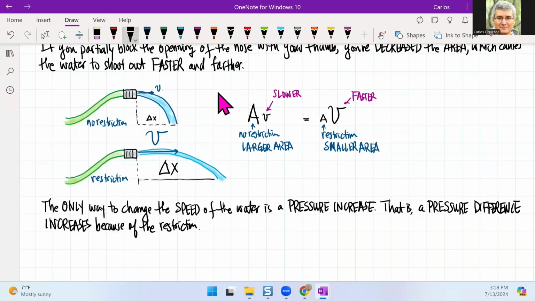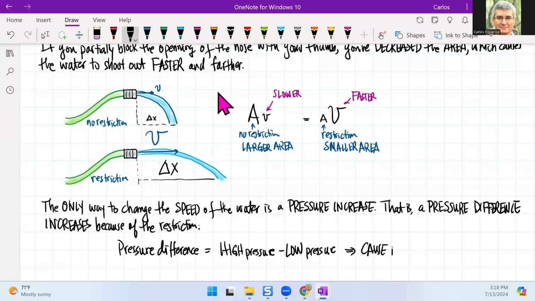And so what we're finding here is that when I look at this pressure difference, that means it's going from a high pressure region minus a low pressure region. And it's this pressure difference that causes an increase in kinetic energy.